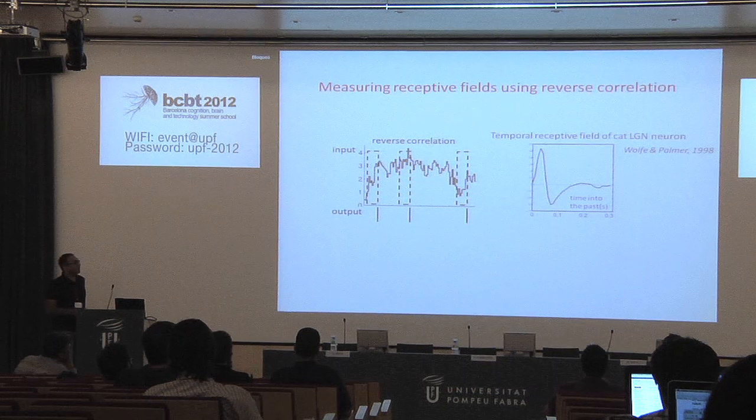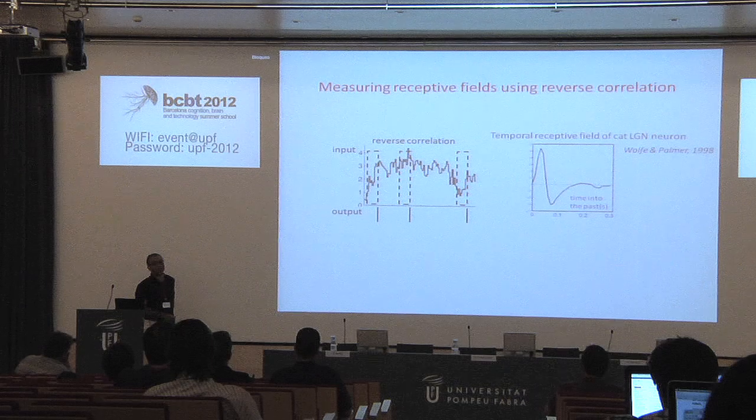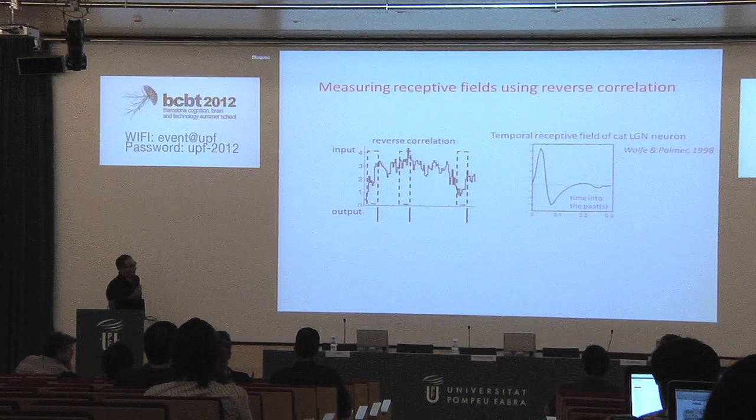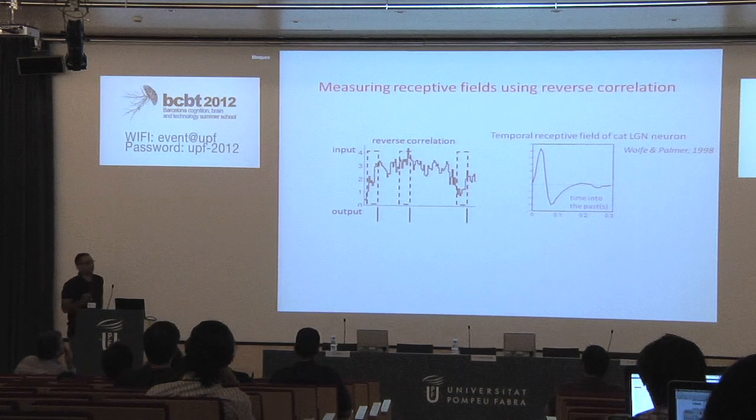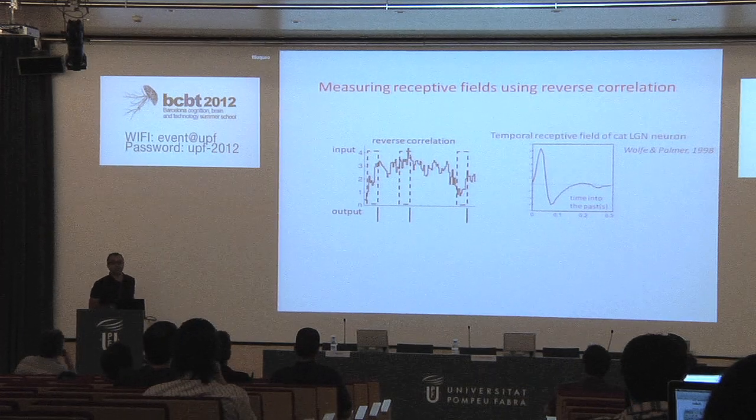So I would argue that the predictions of the predictive coding theory apply across species, and there are examples of it working both in invertebrates and vertebrates.